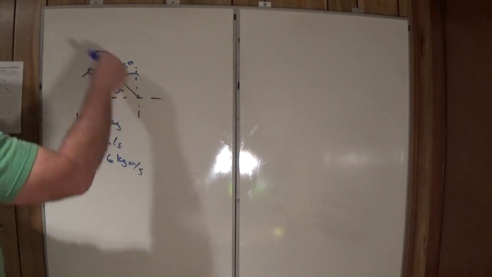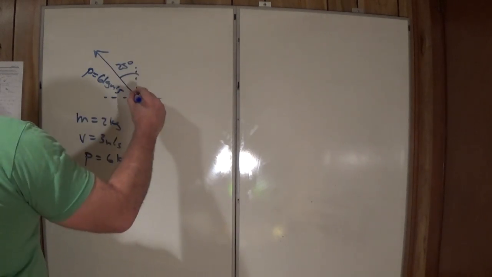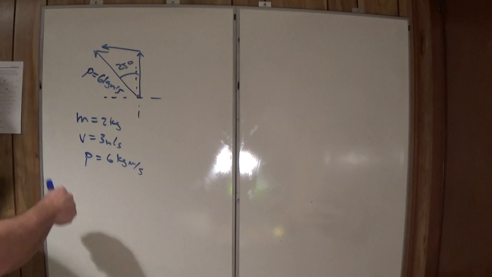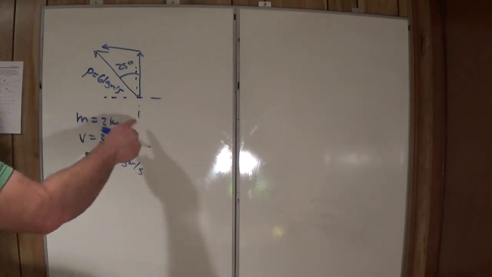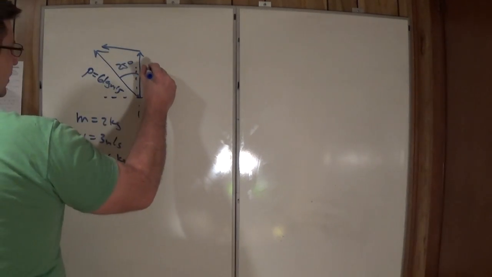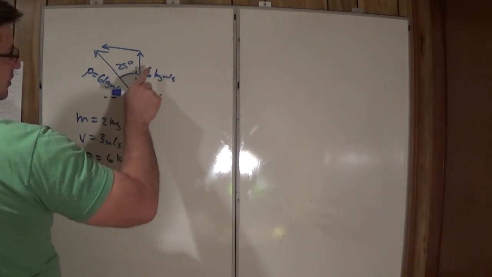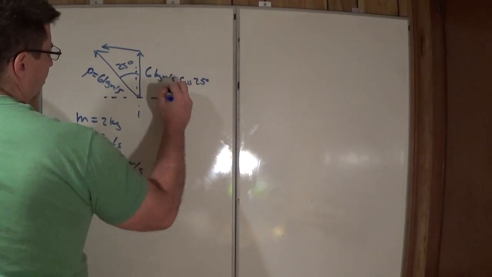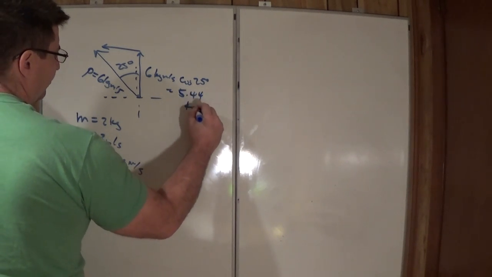So the momentum of this object is 6 kilogram meter per second. Since it's a vector, it has components that point north and west. We'd find the size of these components just like any other vector components. The northward component would be 6 kilogram meter per second times the cosine of 25 degrees, which is 5.44 kilogram meter per second.